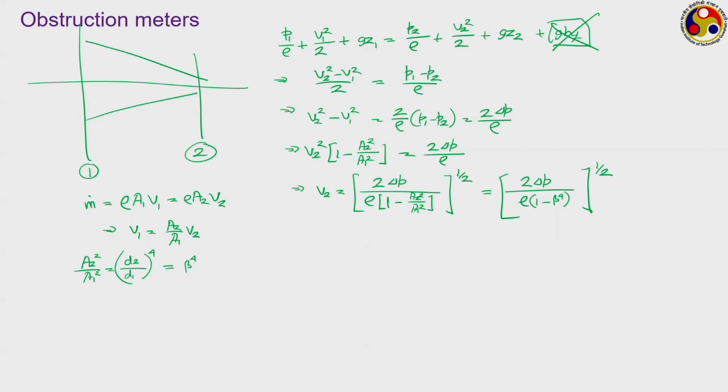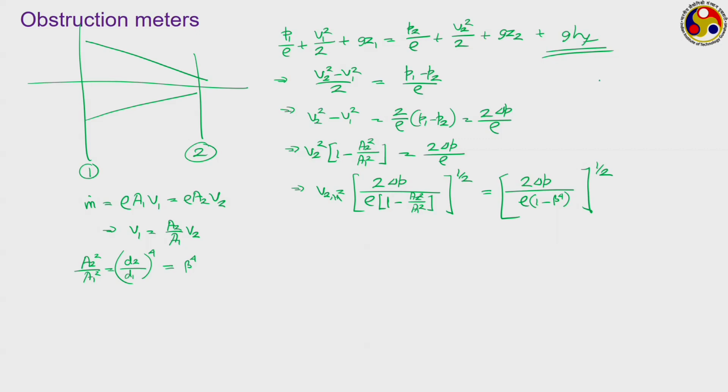But as I have just mentioned briefly, this V2 value that we are getting is only theoretical, because we have neglected the loss term which practically is present. If we consider this, then the velocity value that we get will be lower than this theoretical limit. So, we define a coefficient to account for this change in velocity because of the frictional losses, a way of comparing the theoretical and actual velocity.